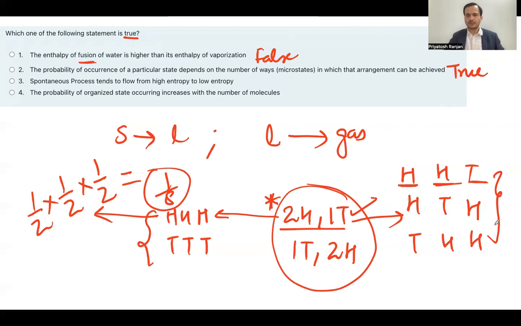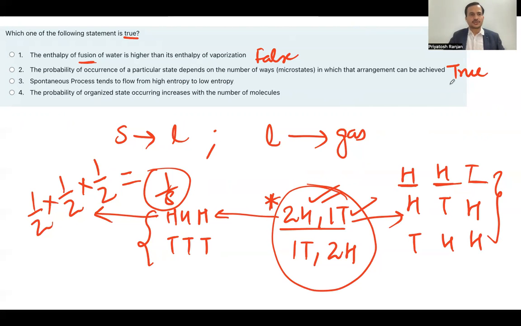If so, you can just try to calculate it and you will find the probability of occurrence of this state is much more compared to this one. Why? Because the frequency is much more, or the number of microstates for this combination is much more than having all three heads or all three tails.